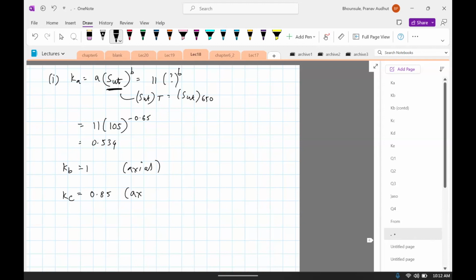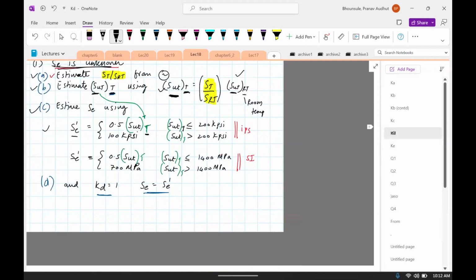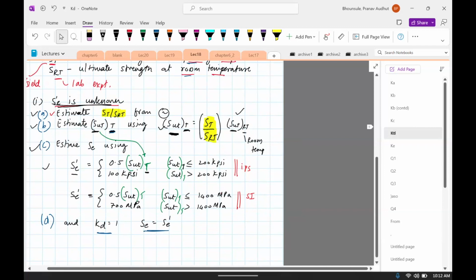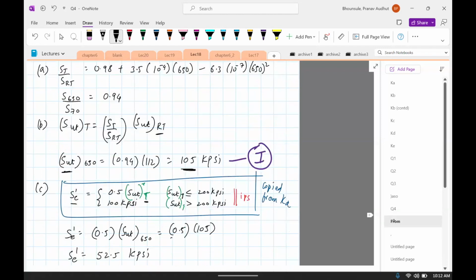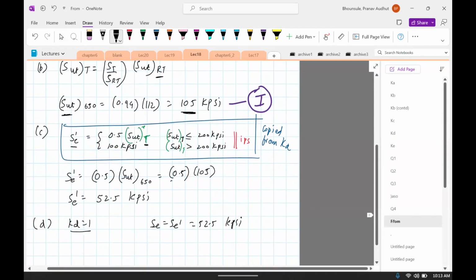Axial. Next is KD. So KD, we went through this whole recipe where SE prime is unknown, and we figured out that KD is 1. So that's what we'll use. So if you go to here, this is where I figured out that KD was 1. That's what I'll use.